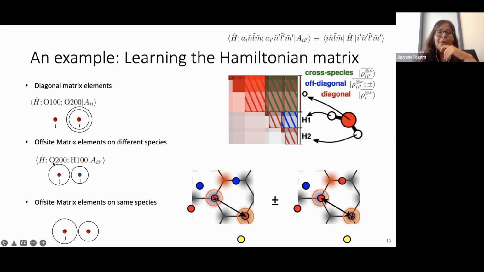But then come offsite matrix elements, which correspond to orbitals centered on atoms of the same species. Here, I have orbitals on both hydrogens, but they are two different atoms. So you have to account for the way you label hydrogen 1 and hydrogen 2. This is what is called permutation equivariance in general, and this is something you'd need to encode in your representation.